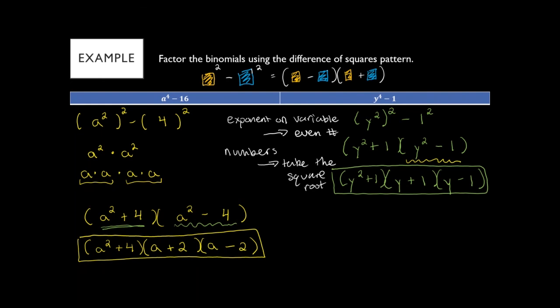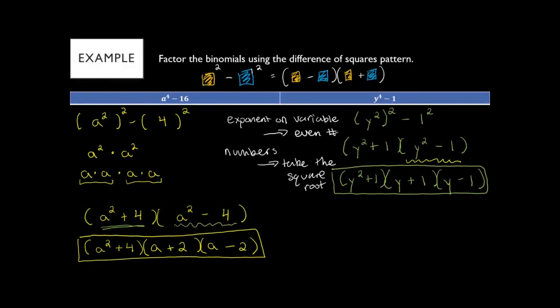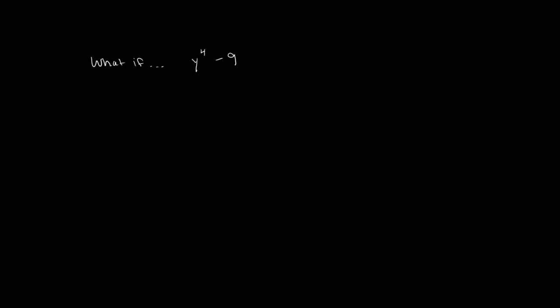Now I'm going to add in a third slide here that I didn't actually plan for, but I just thought of it as I was going through. What if we had y to the 4th minus 9? We saw it with a to the 4th minus 16 and y to the 4th minus 1.